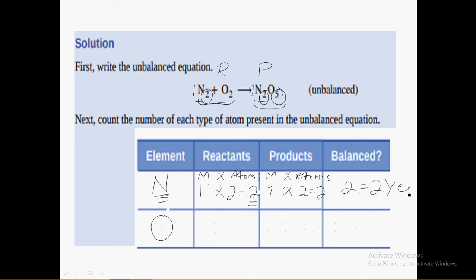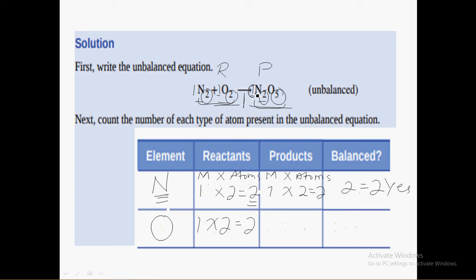Now we look at oxygen. The reactants here is oxygen because this arrow separates the number of reactants and the number of products. You look at the coefficient. It's 1 times the number of atoms of oxygen, which is 2.